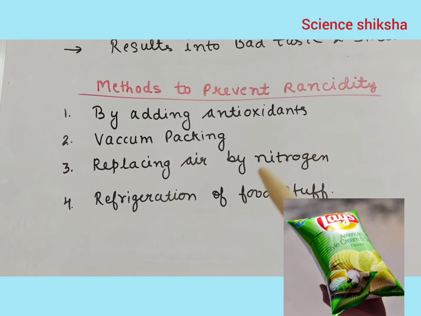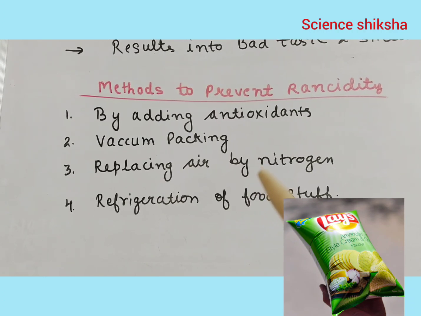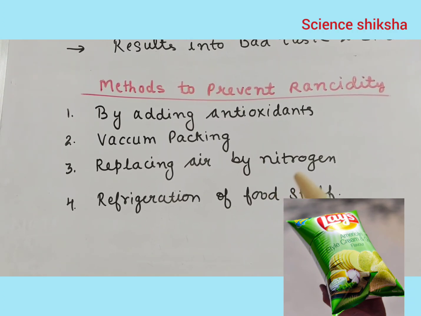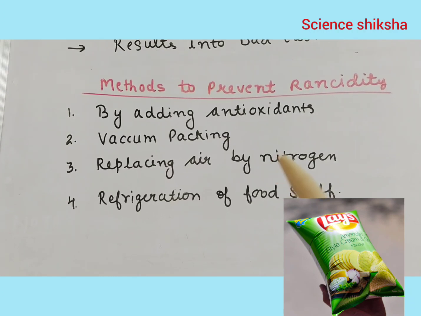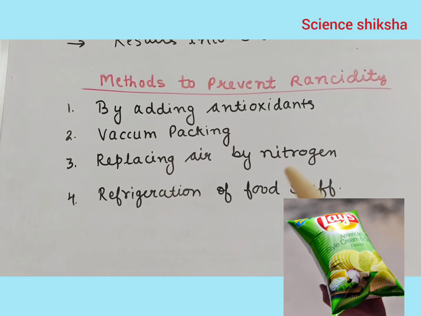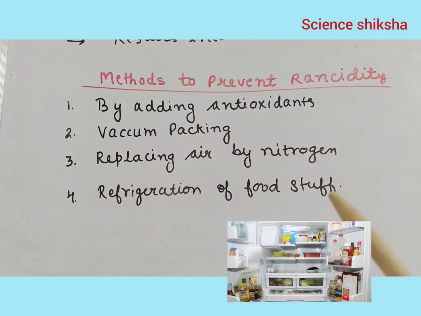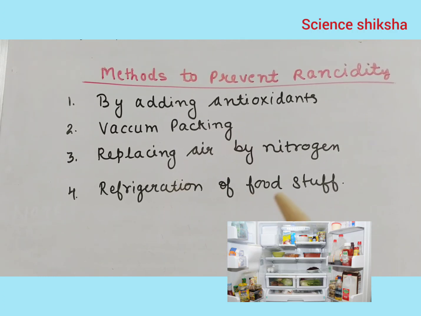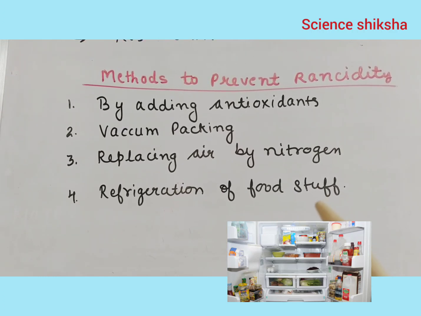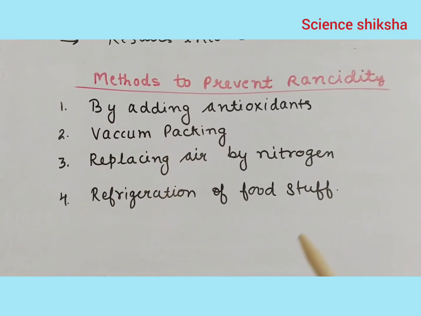In some foodstuff like chips, the oxygen gets replaced by nitrogen so that the foodstuff is prevented from oxidation. And fourth is refrigeration of foodstuff. At lower temperature also, the oxidation is prevented for some time. So all of these are methods to prevent rancidity.